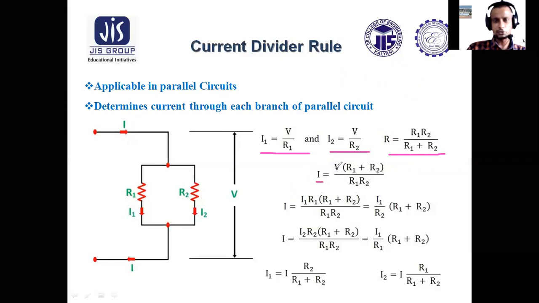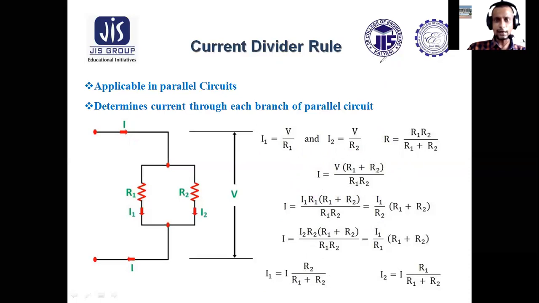Total current equals total voltage divided by total resistance, so this is the total current. Now substitute V by I1 R1. This R1 will be cancelled. So finally, I1 equals I into R2 divided by R1 plus R2.